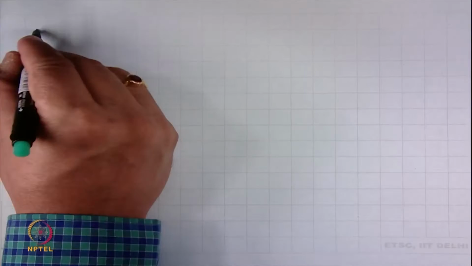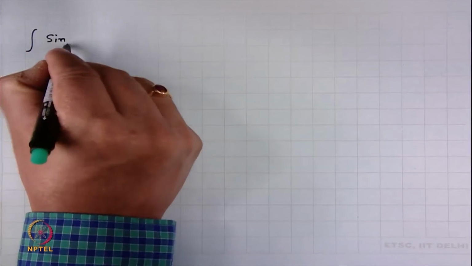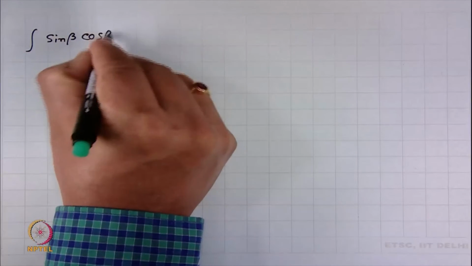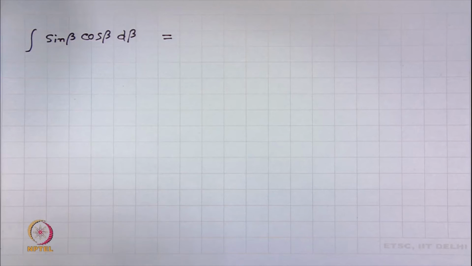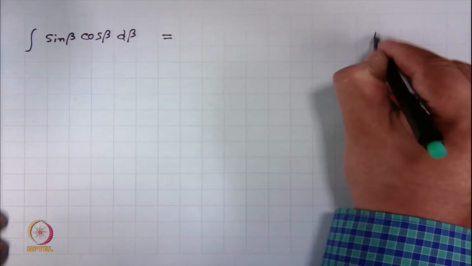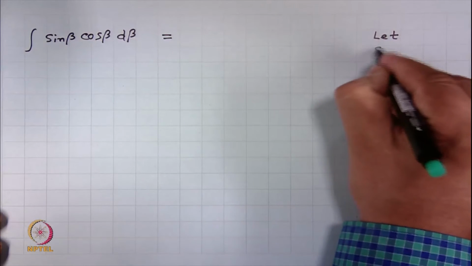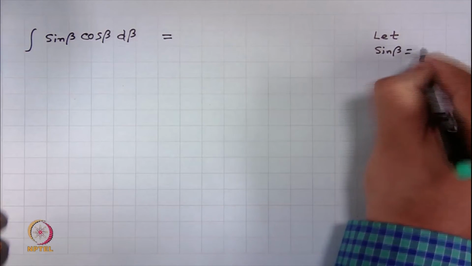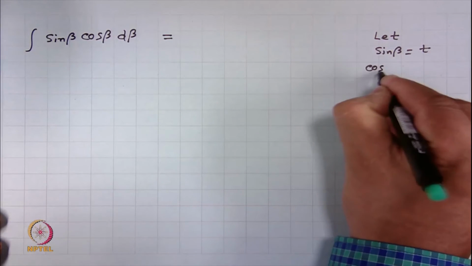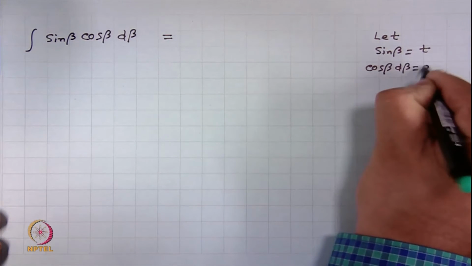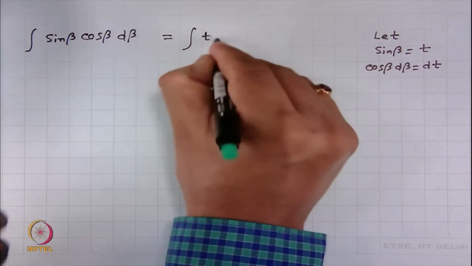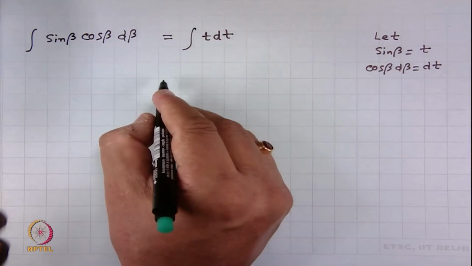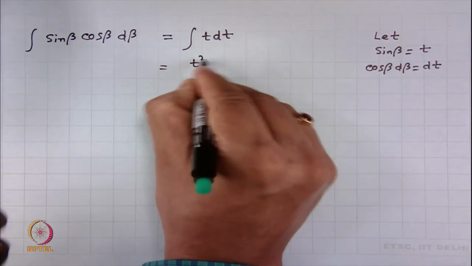First is integration sin beta cos beta d beta. Let sin beta is equal to t. So, cos beta d beta is equal to dt. So, this integration will become t dt. Integration of t dt, t square by 2.